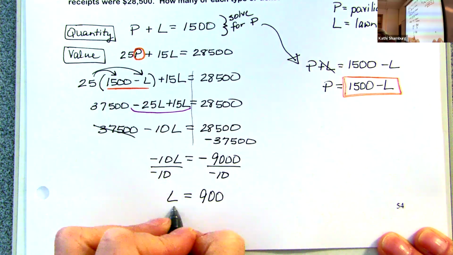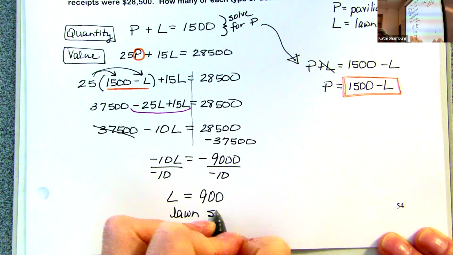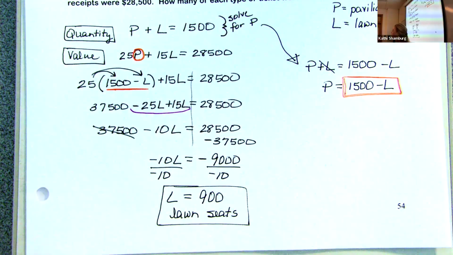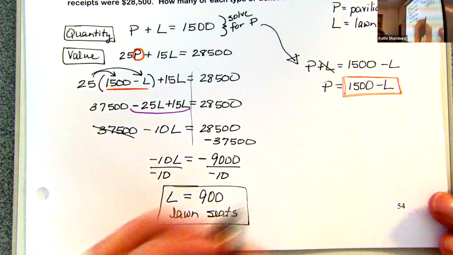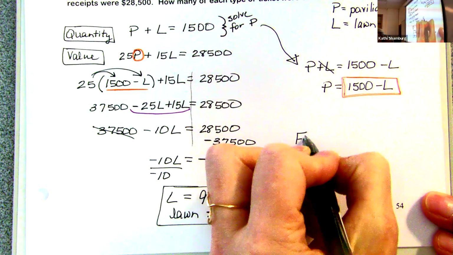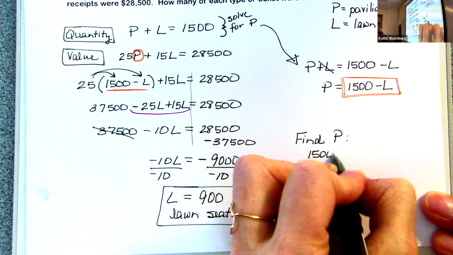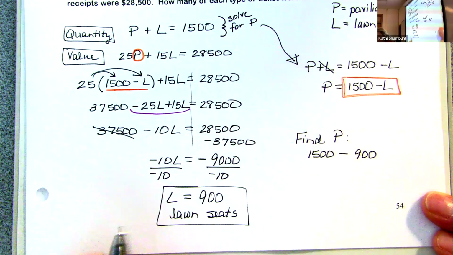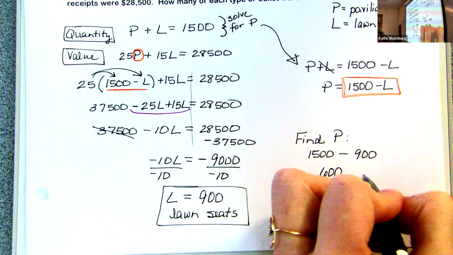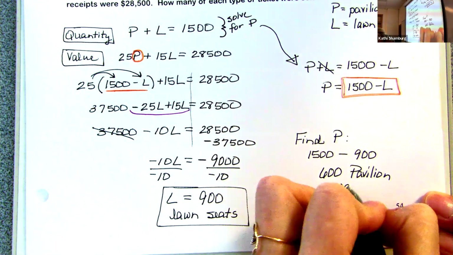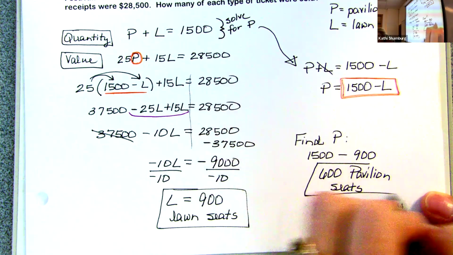And this is lawn seats. Would it have made sense to get a final negative answer? Are you going to sell negative 900 seats? No. So now I need to know pavilion. Well, we know the total is what? 1,500, so just do 1,500 minus 900. 600 pavilion seats. Okay.